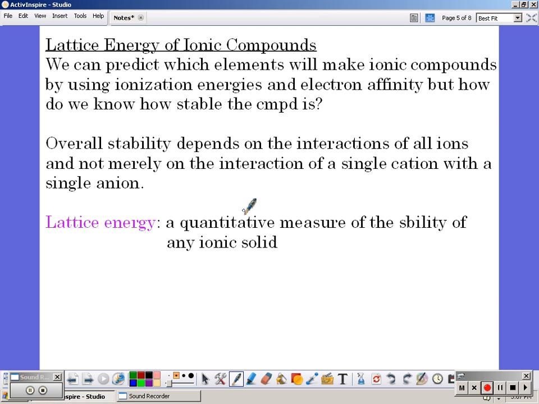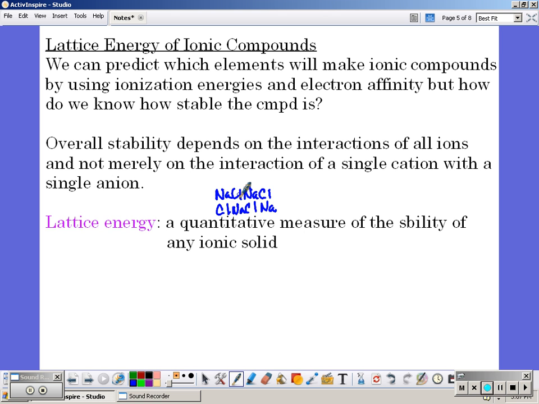So instead of just having sodium and chlorine, you're going to have another sodium, another chlorine, which is on top of a sodium and a chlorine and a sodium and a chlorine. You have this 3D structure, so it's not really one atom with one atom. So the lattice energy is the quantitative measure of the stability of any ionic compound.